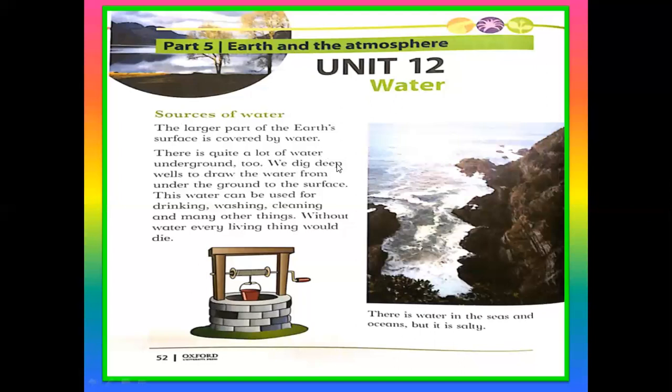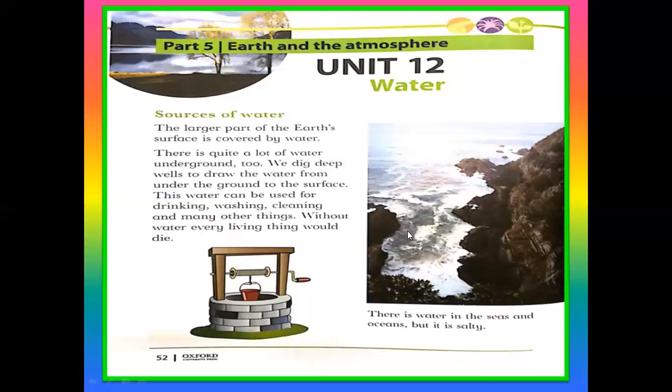We dig deep wells to draw the water from under the ground to the surface. This water can be used for drinking, washing, cleaning, and many other things. Without water, every living thing would die.